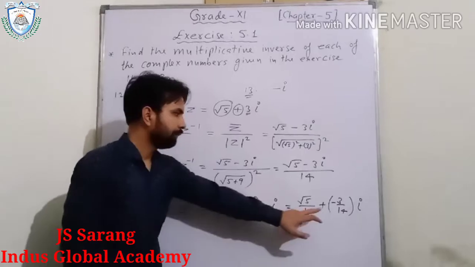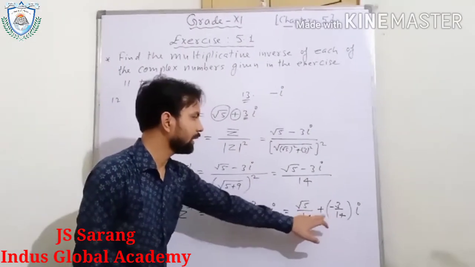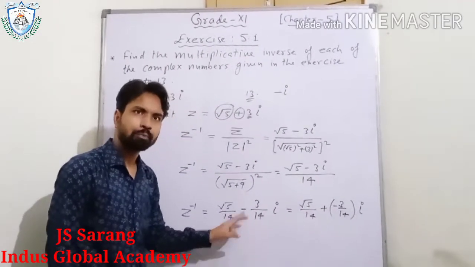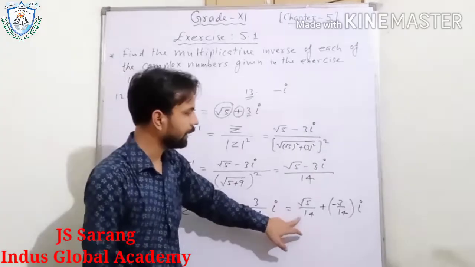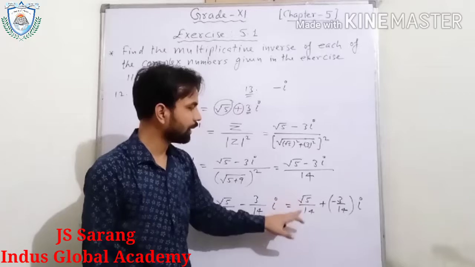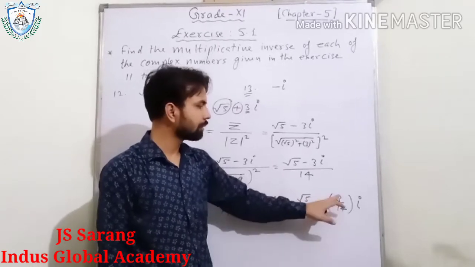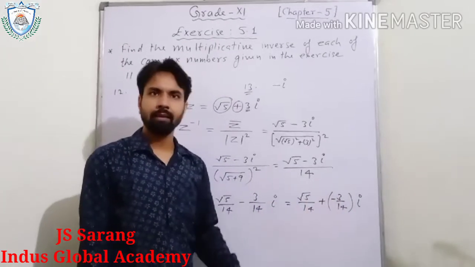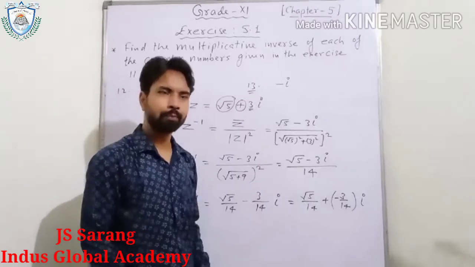Now see, if we open this bracket, then plus into minus gives you minus, right? Now this is in the form of a plus ib, where a is root 5 upon 14 and b is minus 3 upon 14. Hope it is clear to everyone? Good.